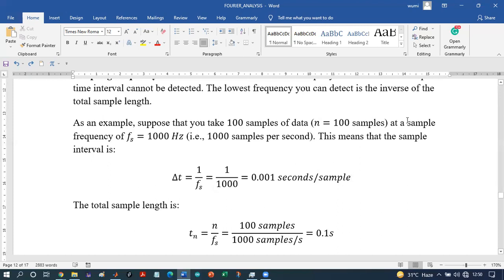It can also be given by n times T, where T is the sample interval.